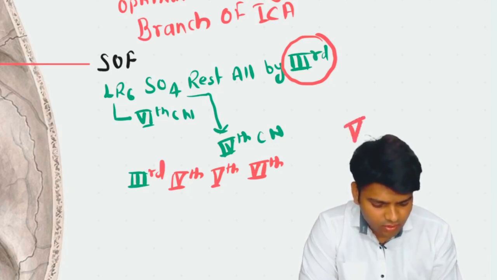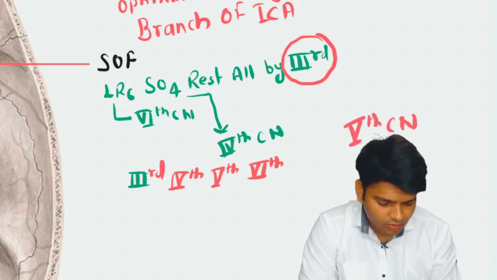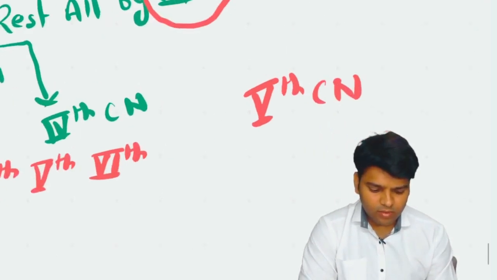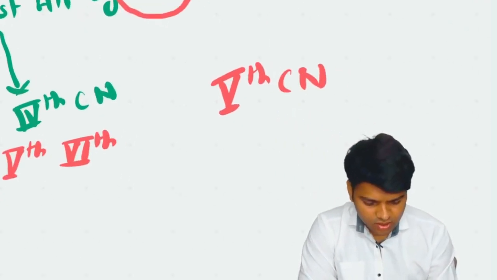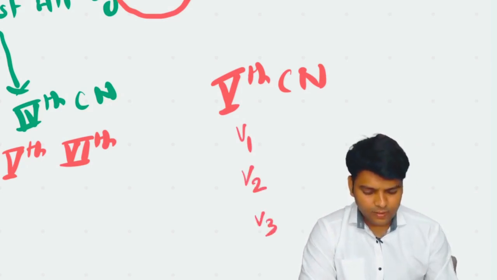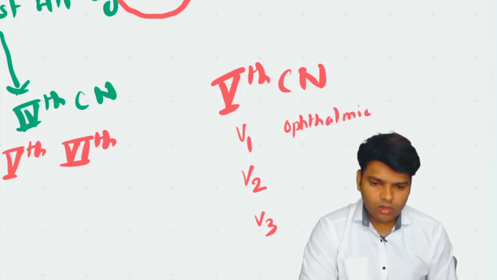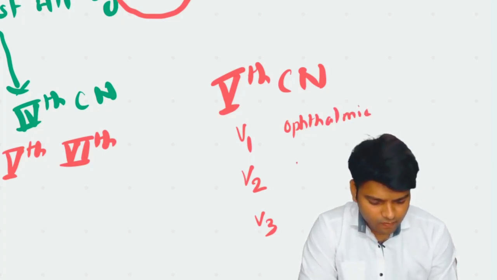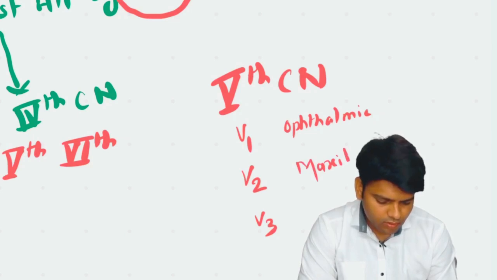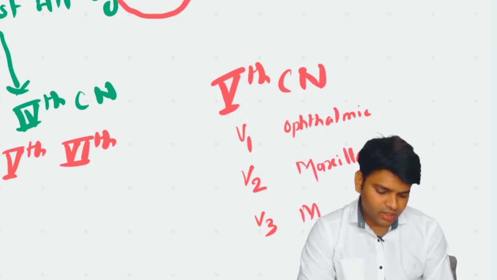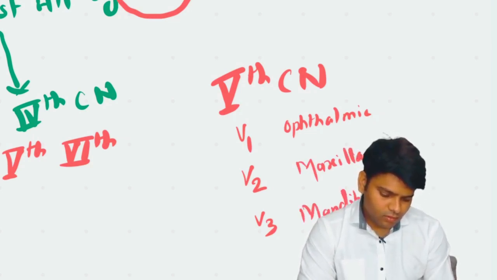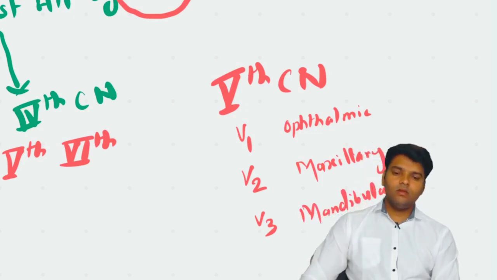I want to write here for better understanding. The fifth cranial nerve gives three branches: V1, V2, V3, the ophthalmic nerve, the maxillary nerve and the mandibular nerve.